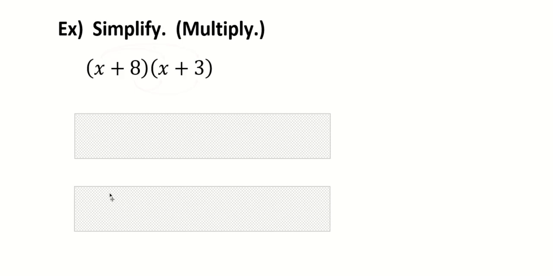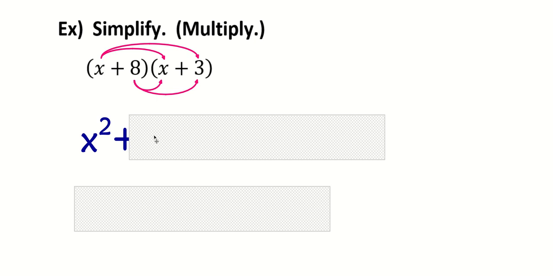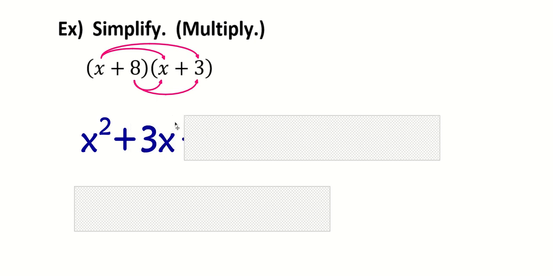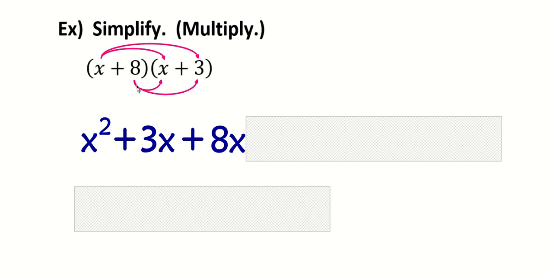And again, as usual, pause if I'm moving to the next page too fast. But yeah, I told you, like, nothing new in this example, okay? We're going to do all of this distributing, but the firsts, what's x times x? X to the second power. What's x times 3? The outers, 3x. Inners, 8x.